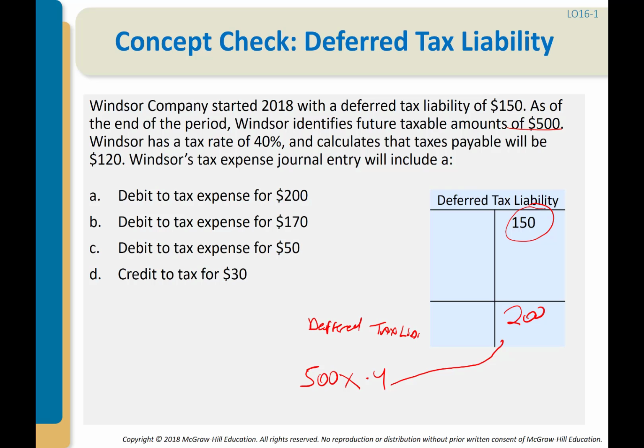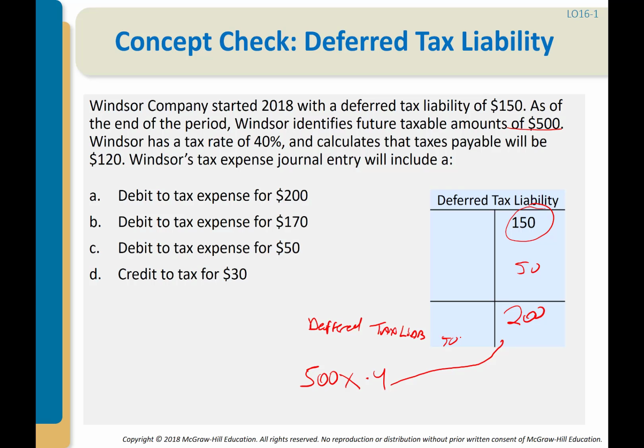I'm right back where I started from. I want it to be a credit, even though they're making me write it on the debit side here. Okay, so that's a credit. That's that credit right there. I mean, not of 200, but of 50. I'm just trying to show you in general journal form here.